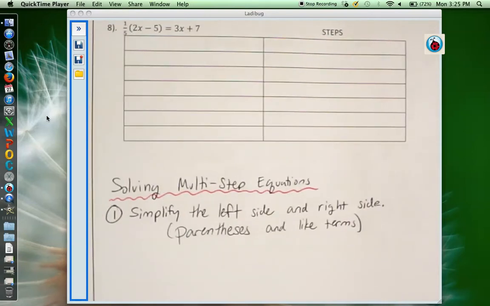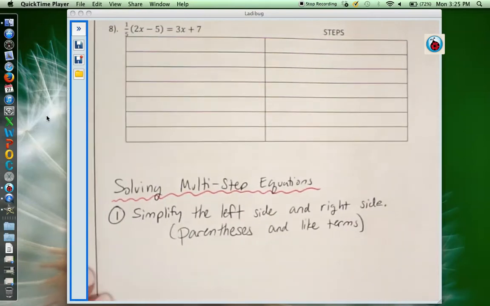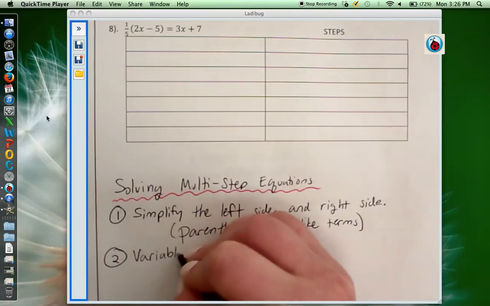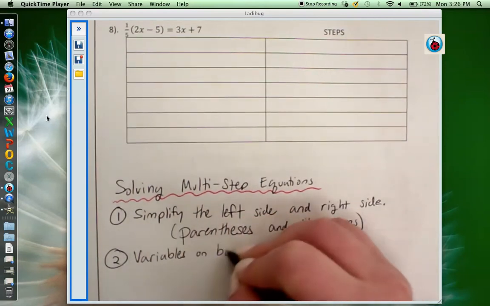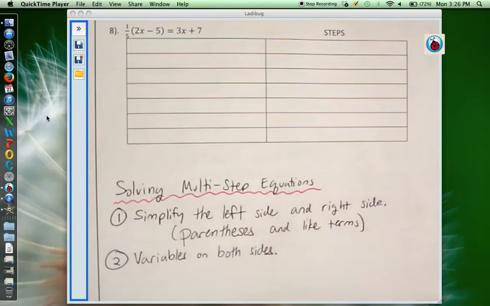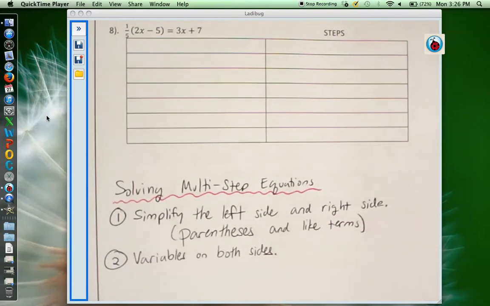Once everything's simplified on each side, the second thing that I look for is variables on both sides of the equal sign. When there's variables on both sides, there's no way you can get the variable by itself. You want all the variables in one spot. So you need to deal with that next.